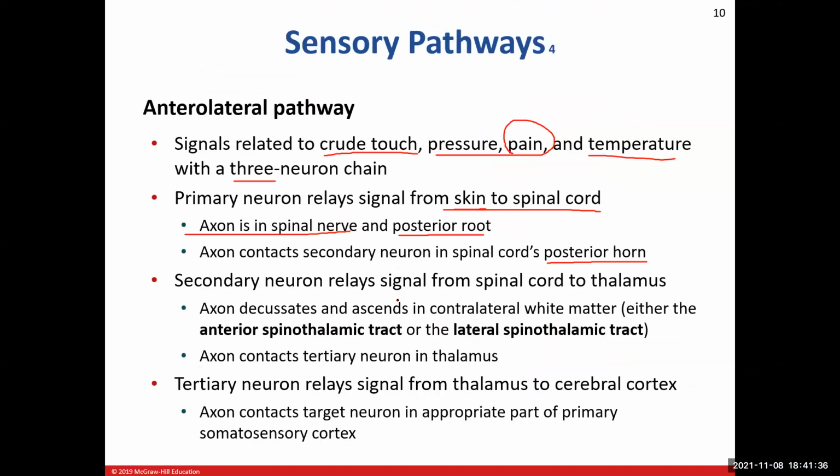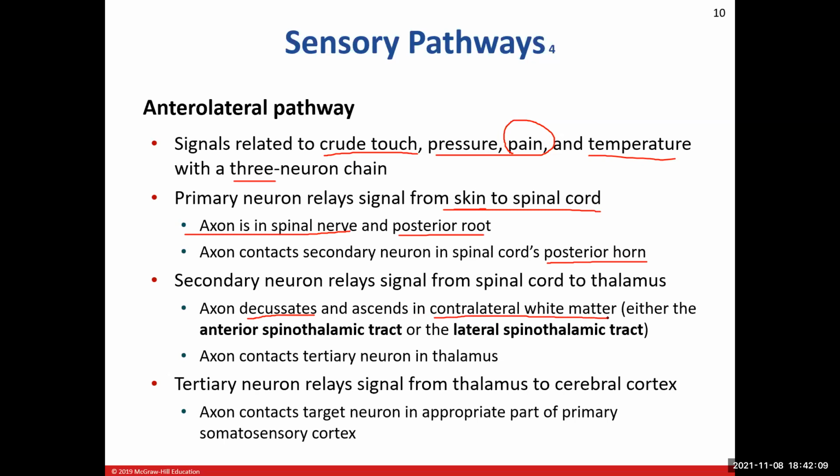All right, so once that synapse occurs, that secondary neuron is going to ascend up through the spinal cord all the way to the thalamus. Remember, our secondary neuron is an interneuron, but don't forget, it's got to cross over. And so in this case, we're going to see that secondary neuron decussate, and it's going to ascend in what we call the contralateral white matter on the other side of the spinal cord.